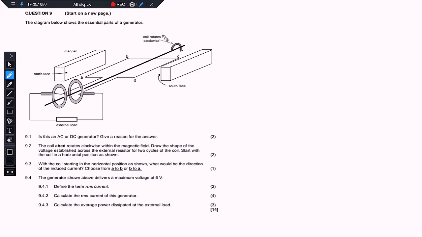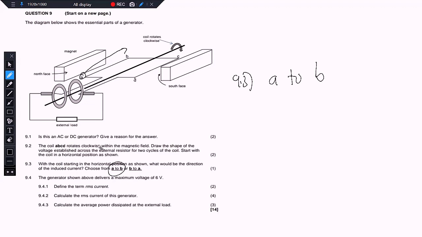So because our coil is rotating clockwise, we know that our current also has to flow clockwise. So that means our current will be going all the way from C to D, and then D all the way to A, and then from A all the way to B. So that means we will choose A to B. So for 9.3, this is A to B.